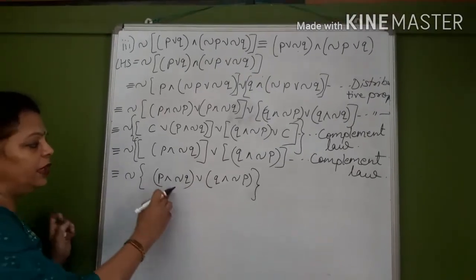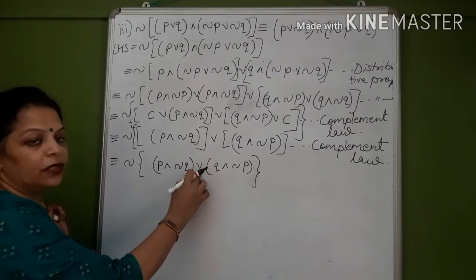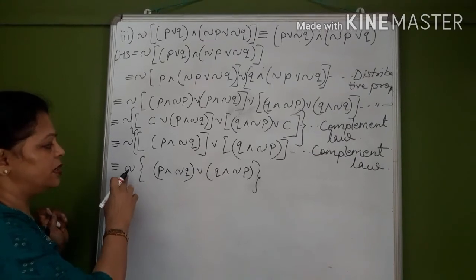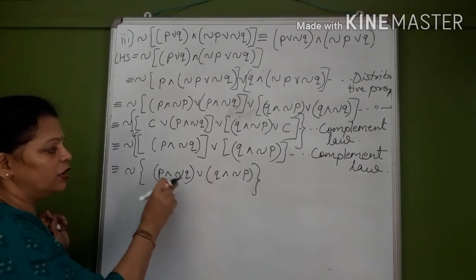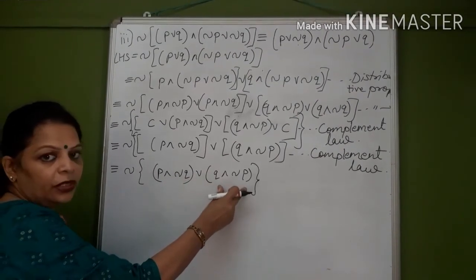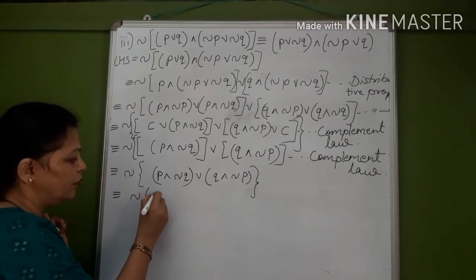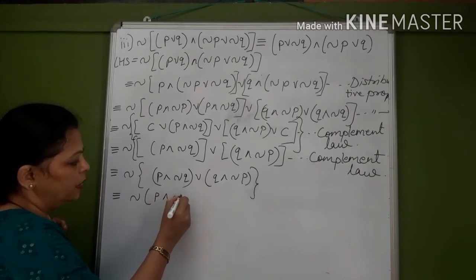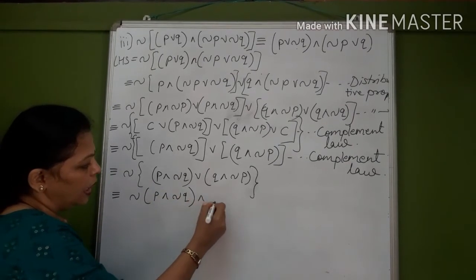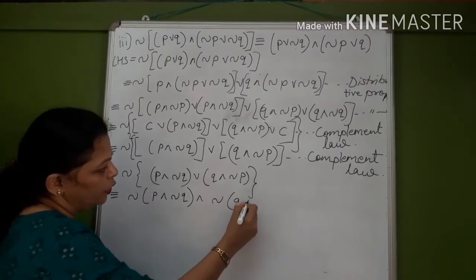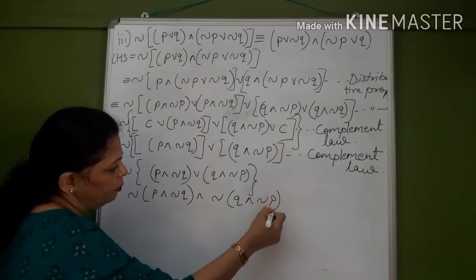Now negation of these two, that is a or here. So by De Morgan's theorem, you will get negation of P or negation Q. That means this is equal to negation of (P and negation Q) and negation of (Q and negation P).